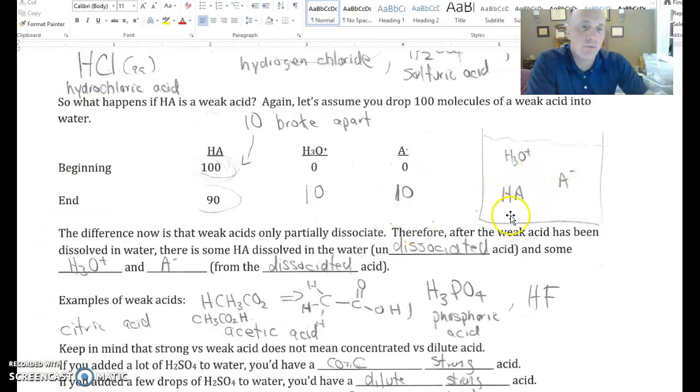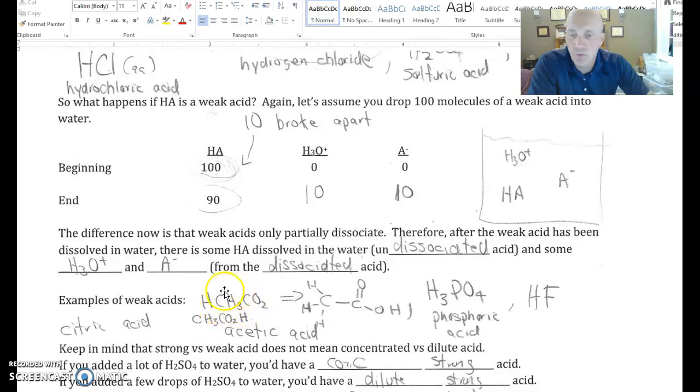One bit of vocabulary: whenever you have a weak acid, the species where it does not break apart, you call that undissociated acid. The HA that does break apart to make the H3O+ and A-, you would call the dissociated acid.